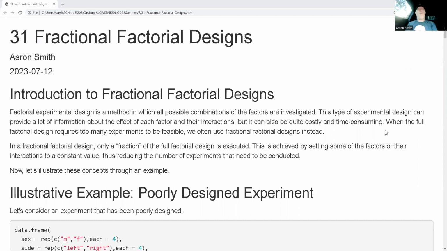We want to have full factorial designs, but there's a problem: the number of data points I need to collect can get out of hand very quickly. If I have a lot of variables or my variables have a lot of levels, it can be impossible to get all the possible combinations.